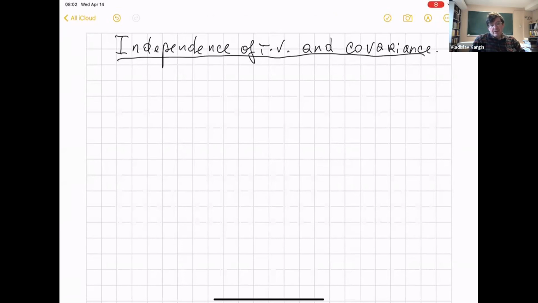So in the case of continuous random variables, this means that if you have random variables y and x, and you look at the conditional density of y given x, it should be the same as the marginal density, so it should be equal to f_Y of y.